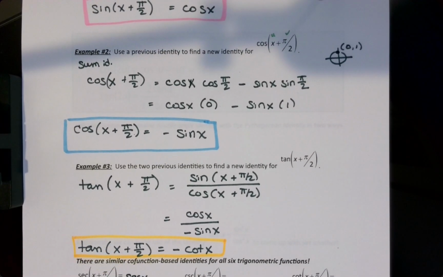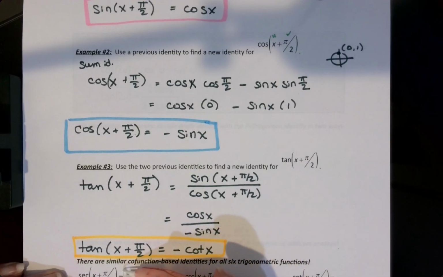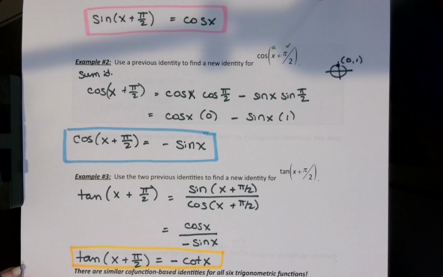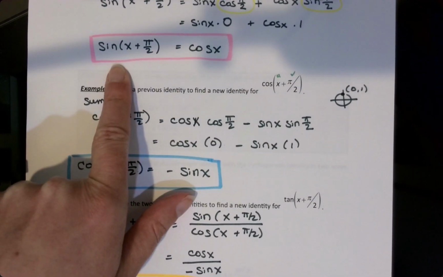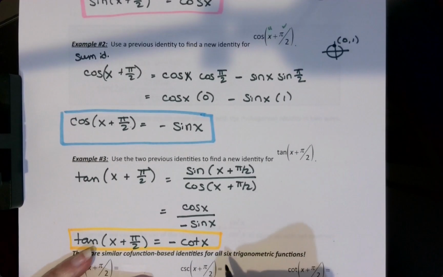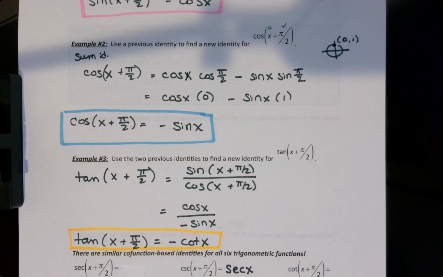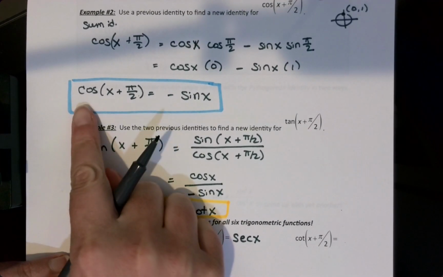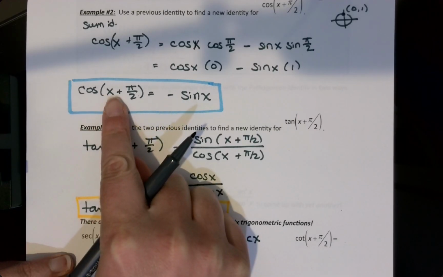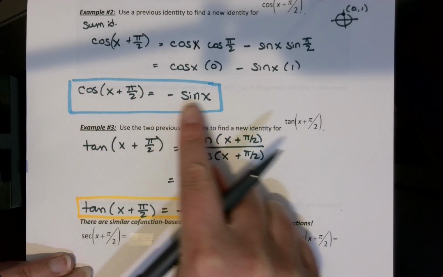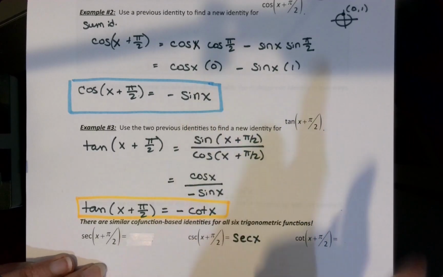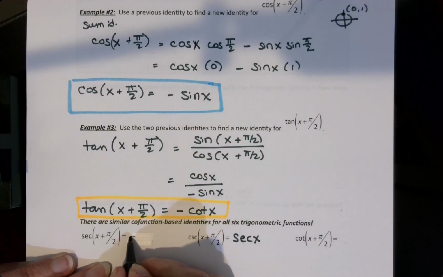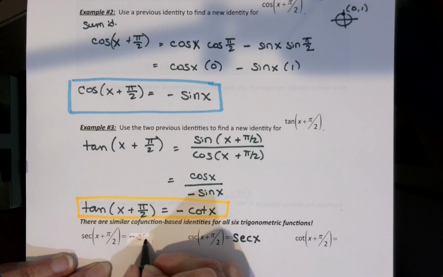That's the one for cosecant. Cosecant is the reciprocal of sine. So I got those backwards. Cosecant here, being the reciprocal of sine, would give me the reciprocal of cosine. So this is the one that would be equal to 1 over cosine, or secant of x. This one in the middle, secant, that's the reciprocal of cosine. So I would get the reciprocal of negative sine. 1 divided by negative 1 is still negative, so we get negative 1 over sine, which is cosecant.